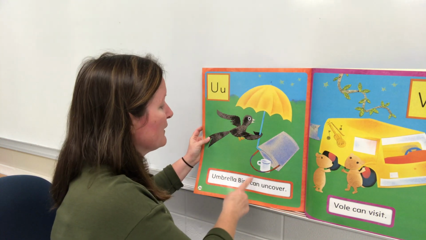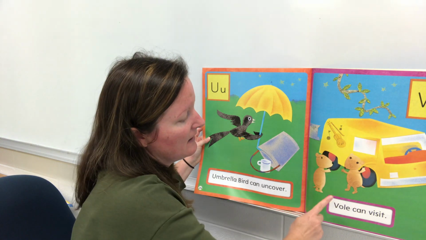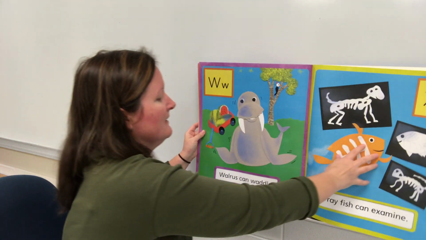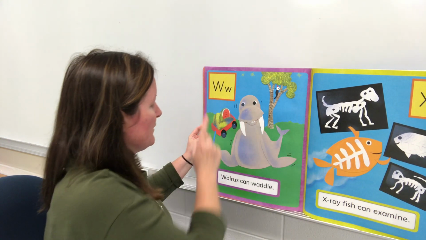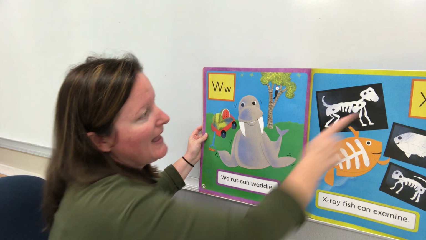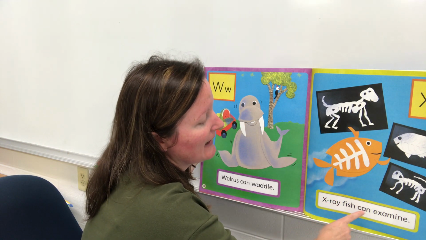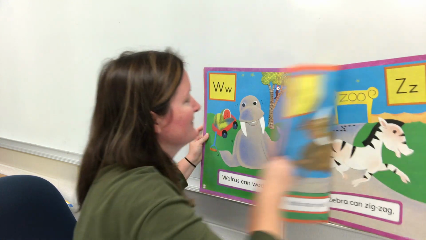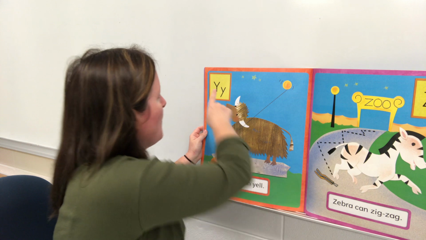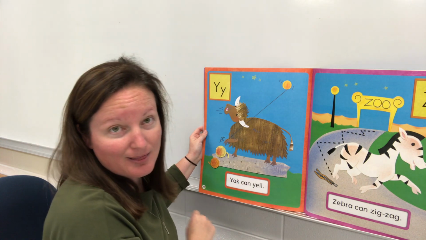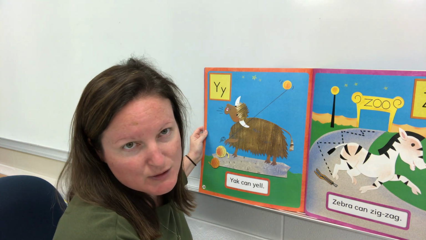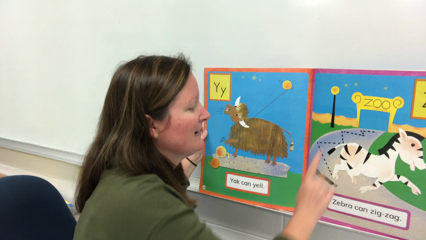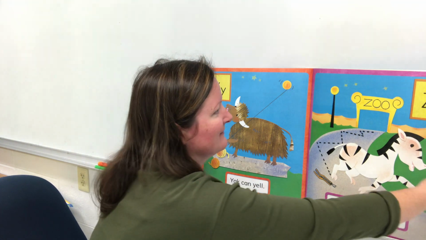U. Umbrella bird can uncover. V. Vole can visit. W. Walrus can waddle. X. X-ray fish can examine. Y. Yak can yell. I bet you can yell, but let's don't do it in the classroom, and let's don't do it while we're doing schoolwork at home either. Z. Zebra can zigzag.